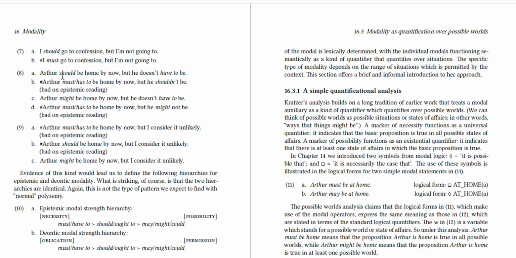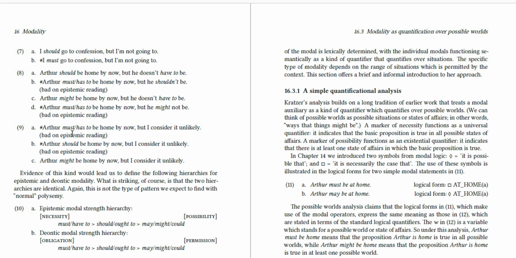In 8, Arthur should be home by now, but he doesn't have to be. Here it looks epistemic because we know that he should be there, and at the same time it doesn't matter if he didn't come. Arthur has to be home by now, but he might not be. That's what we call the epistemic reading.